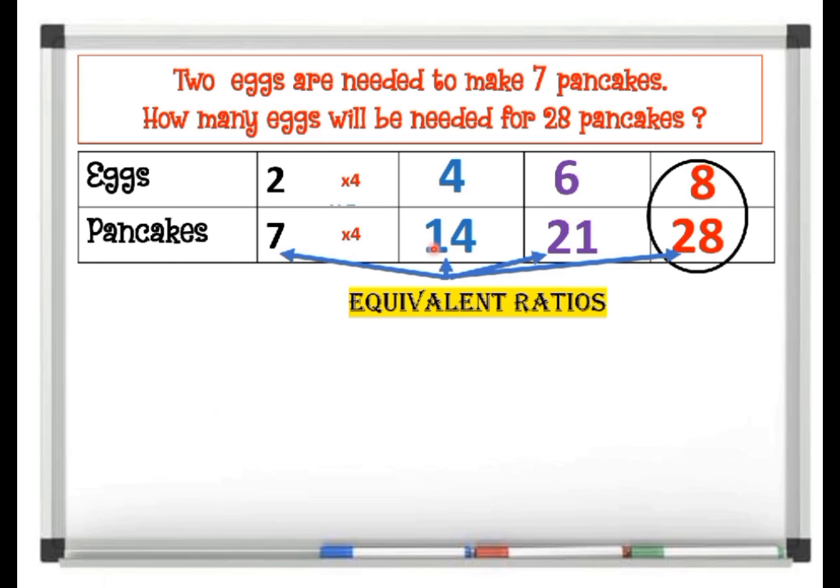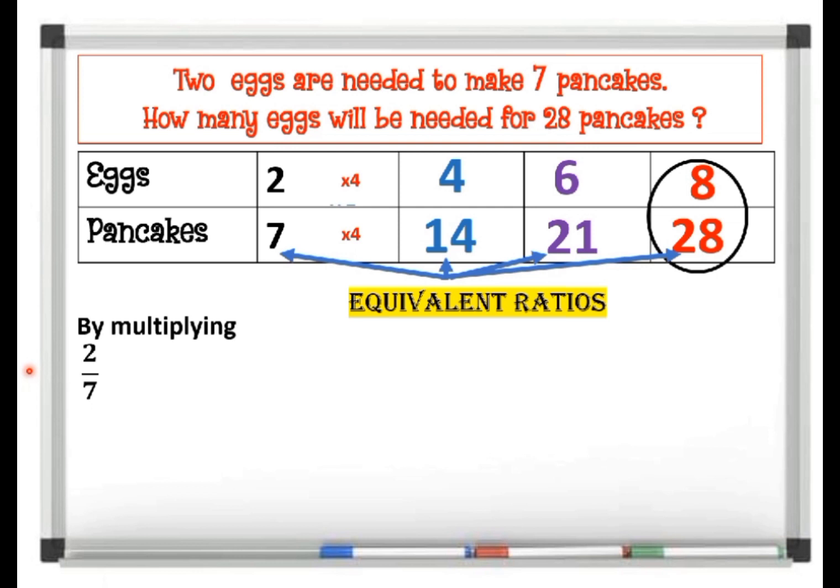Among the ratios, 2/7 is the simplest form. Ito po ang pinaka-simplest form or pinaka-lowest term. Now, paano nga ba nakuha natin ang equivalent ratios ng 2/7 na ito? Paano naging 4/14, 6/21, at 8/28? We use multiplication or nag-multiply tayo.